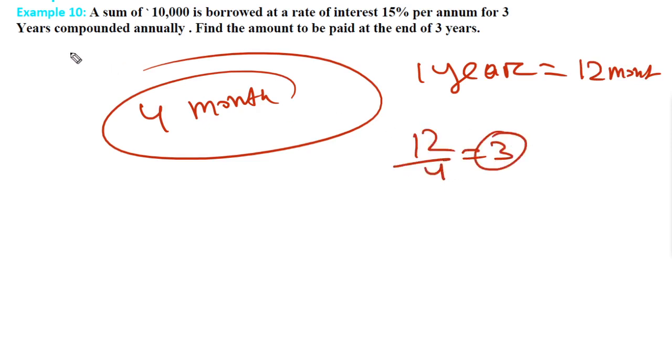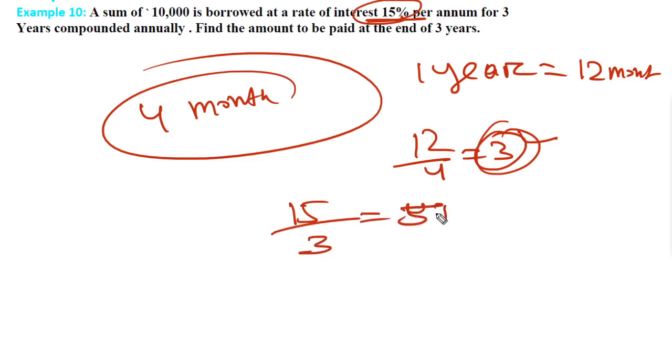That means the interest will be compounded 3 times a year. Now for 1 year the rate of interest is 15%. When it is compounded 3 times, it will be equal to 15 divided by 3, so it will be equal to 5%. So when such a case arises, the rate of interest will be changed.